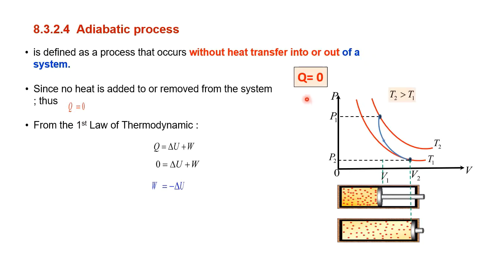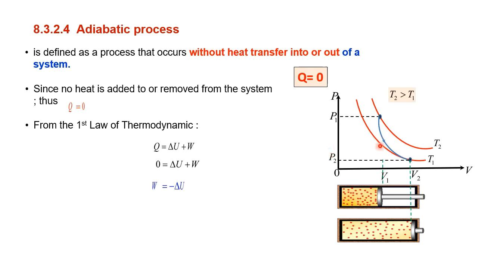Let's have a look at this graph, the PV diagram. This is the example of adiabatic expansion from P1 decreasing to P2. At the same time, the temperature of the gas is decreasing from T2 to T1 as the gas expands.